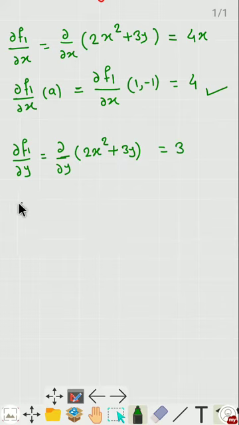Therefore the partial derivative of function f1 with respect to y at point A is equal to 3.